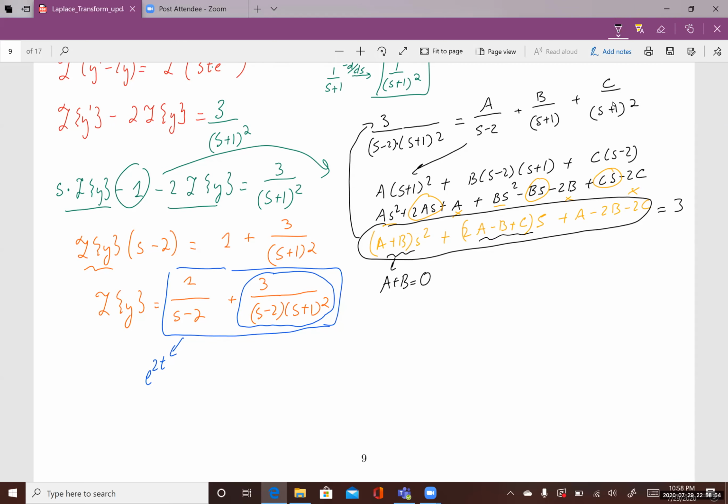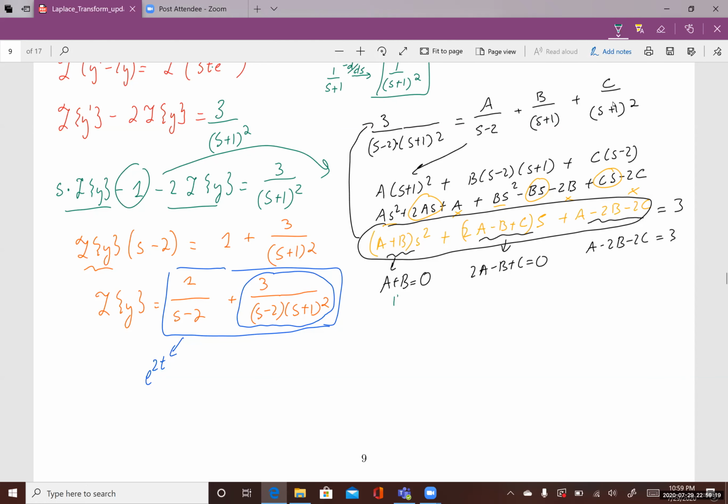Also, this term has to be equal to 0 because you don't have any S squared or any S on the other side. That means 2A minus B plus C equals 0. And this term here is a constant, and it has to equal 3: A minus 2B minus 2C equals 3. And from here, we'll have 3 equations, 3 variables, we just solve for it.